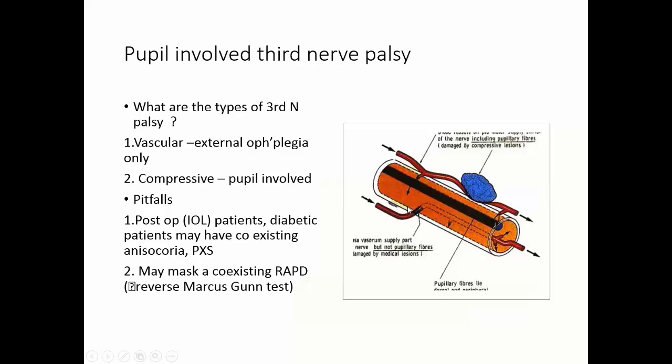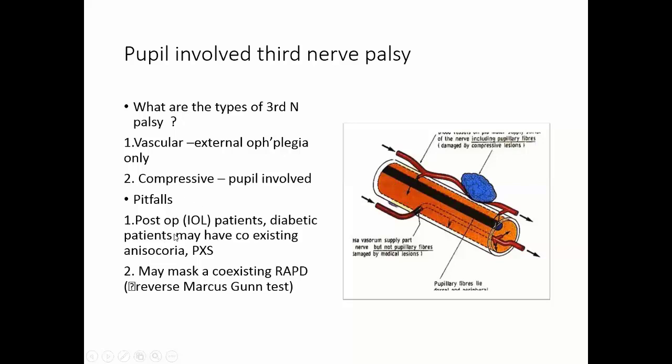Whereas if you get a clot in the vasa vasorum, which is supplying the rest of the nerve, that is the ventral and central part, most fibers are affected. But because of this dual vascular supply, the peripheral and dorsal pupillary fibers are spared. So that is why in medical third nerve palsy, you don't get a pupillary affection.